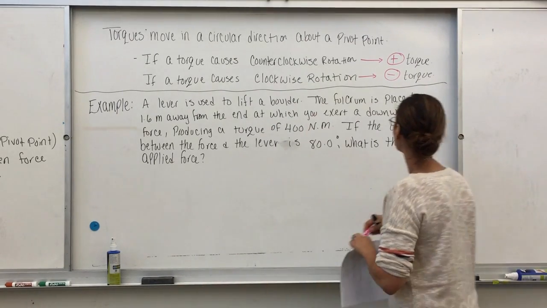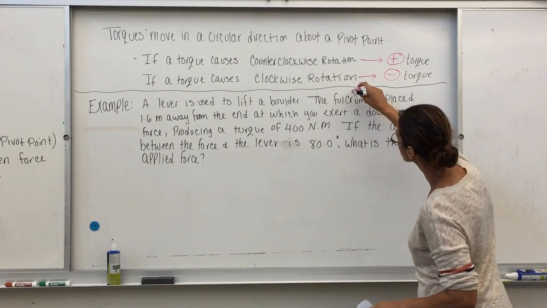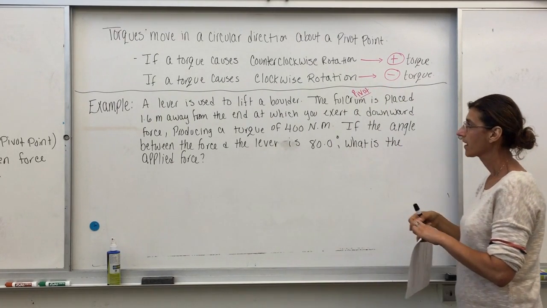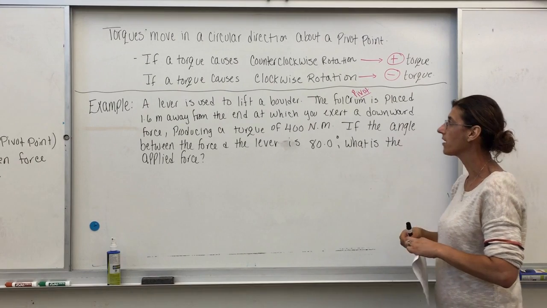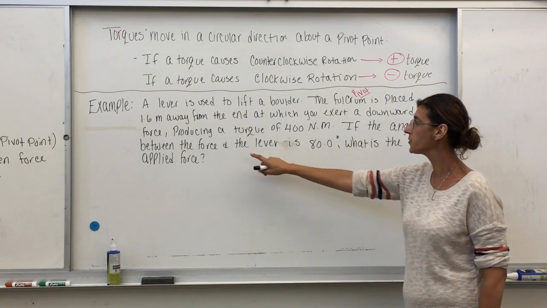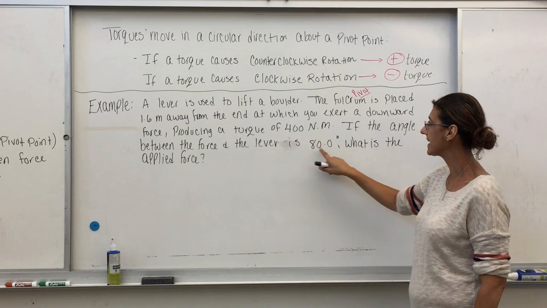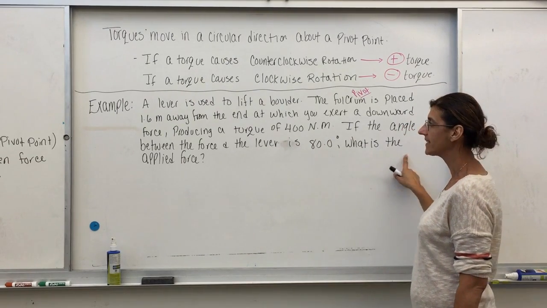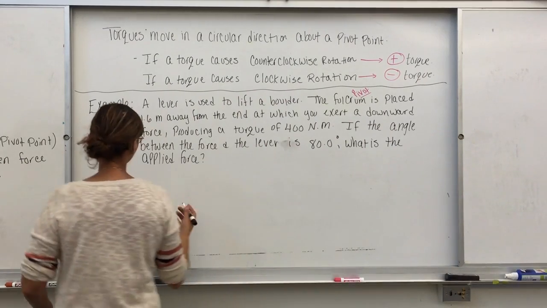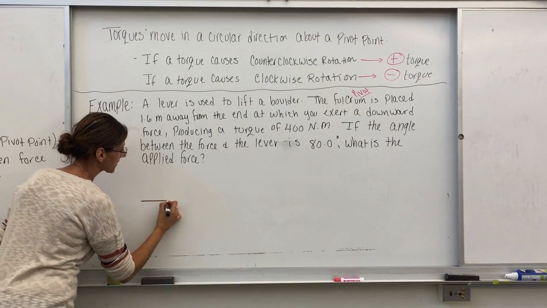So the fulcrum is where it pivots. This is the pivot. Producing a torque of 400 Newton meters. If the angle between the force and the lever is 80 degrees, what is the applied force? Okay, so you sort of have a picture.